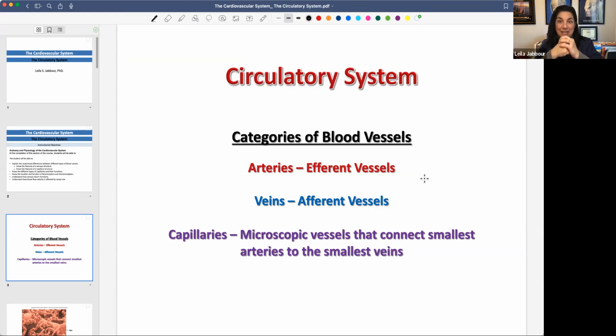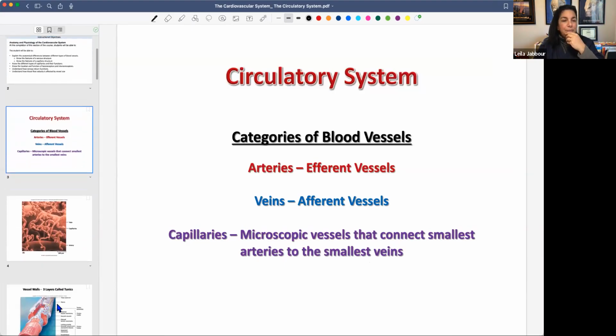It returns via the veins, and that's why they're usually illustrated as blue, and we describe them as being the afferent vessels. The capillary beds are very microscopic vessels that connect the smallest arteries to the smallest veins. So we have these two systems that are connected at the capillary beds where that exchange is going to happen.